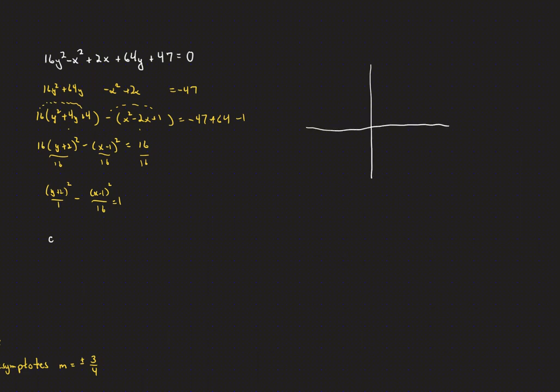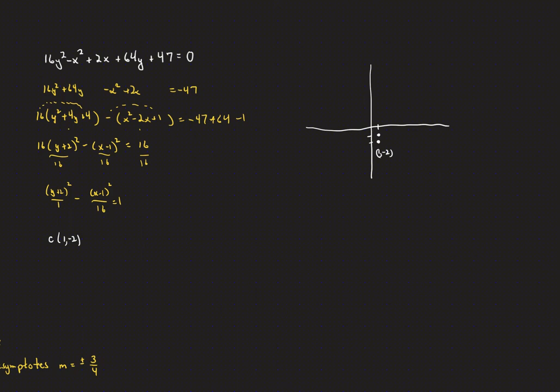Our center is going to be at 1, negative 2. So we'll go 1, negative 2 for the center. In the y direction, the square root of 1 is 1, so go up 1 and down 1.